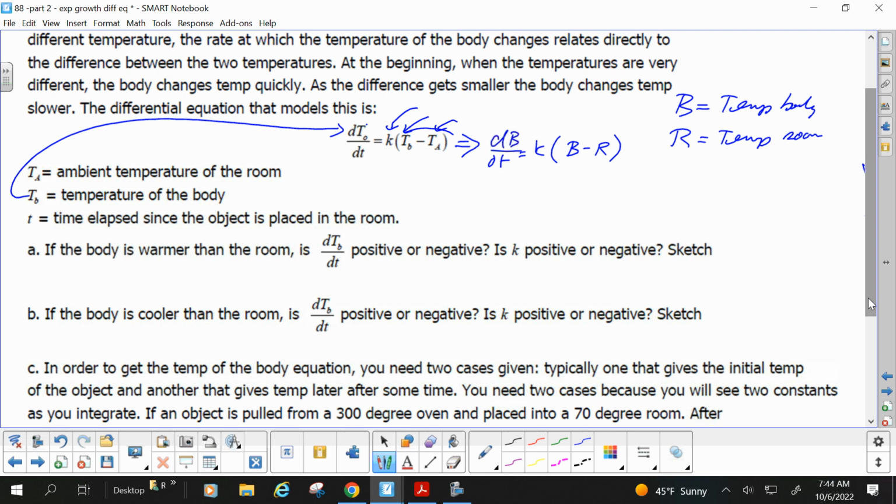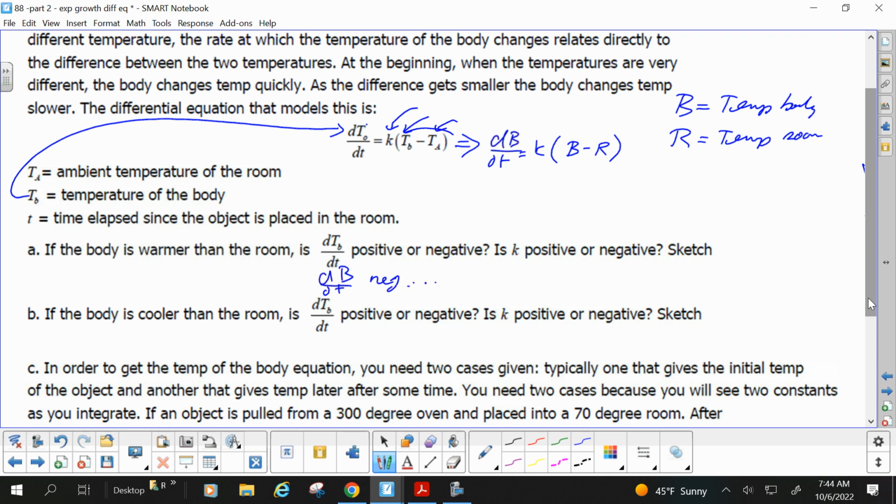If the body is warmer than the room, is dB/dt positive or negative? Well, if the body's warmer than the room, then when it's placed in the room, the body will cool, and so the rate of change in the body temperature will be negative.